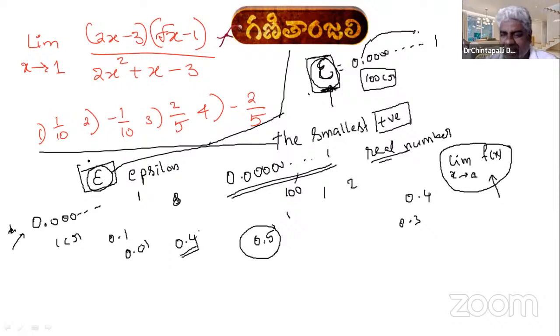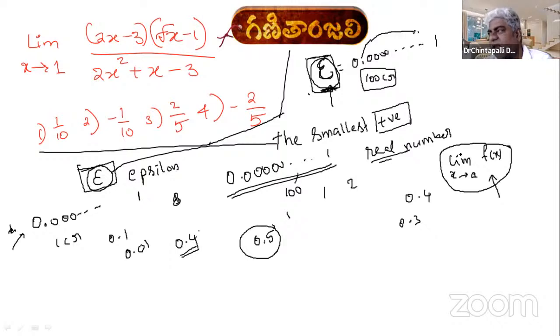After getting some experience in limits, I'll definitely make you understand the actual definition taught at graduation level. Keep this point in your mind: epsilon is used to define limit.